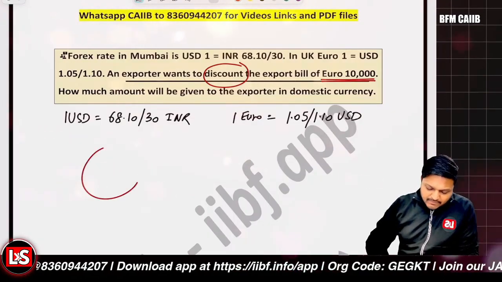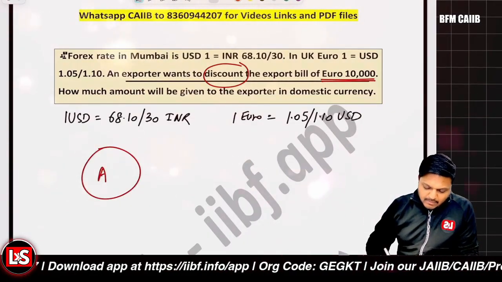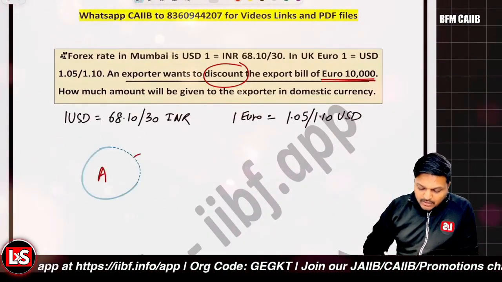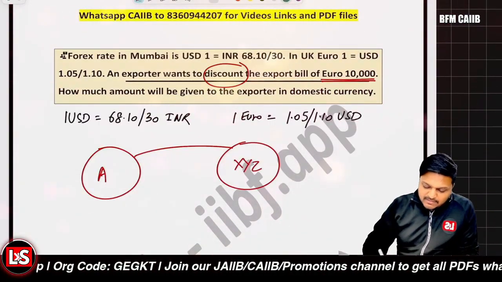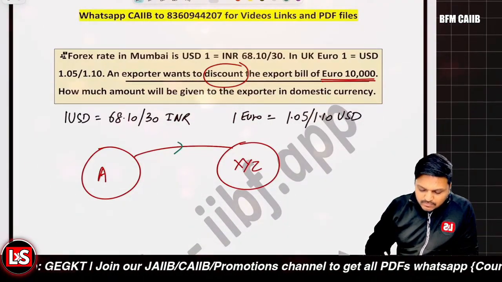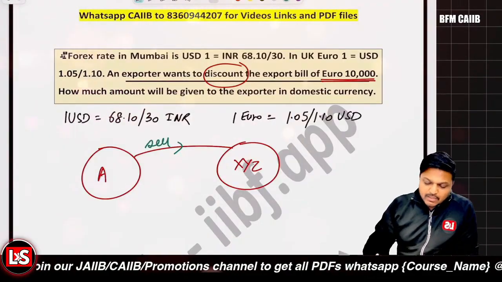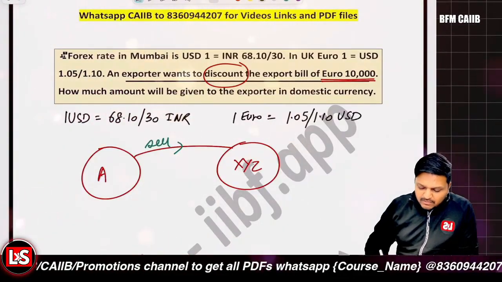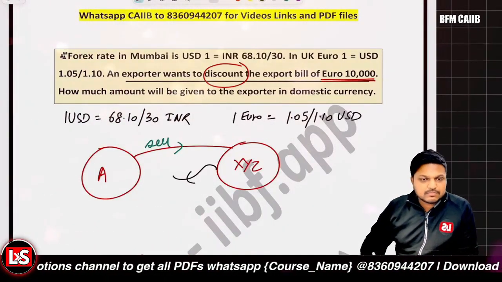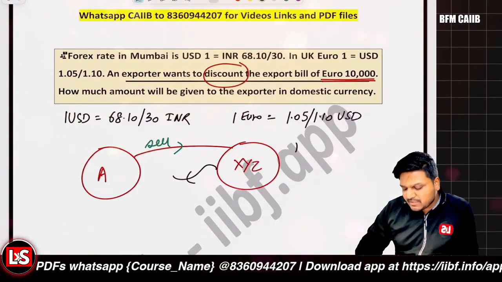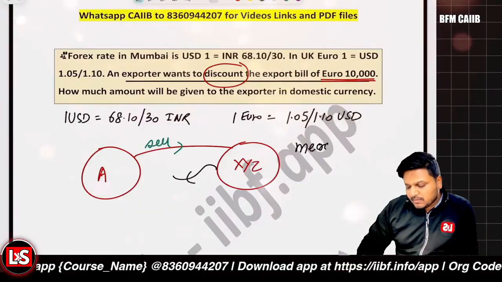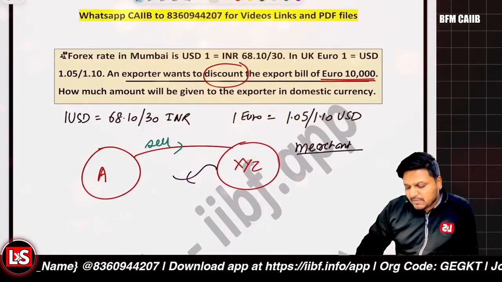So if a bill is available with the customer A amounting 10,000 euro, the customer is going to the bank XYZ. Customer wants to basically sell these euros, and bank will be giving the quote. What quote will be given? Because the merchant rate is applicable. When customer is dealing, merchant rate is applicable.